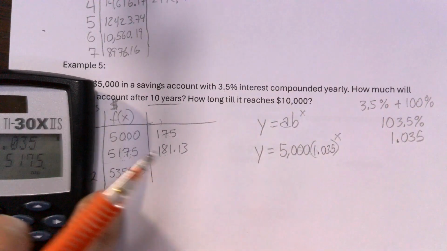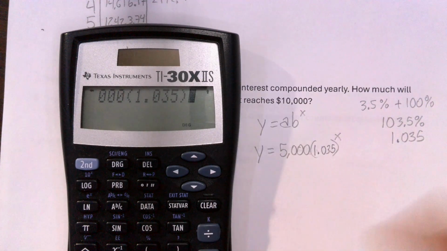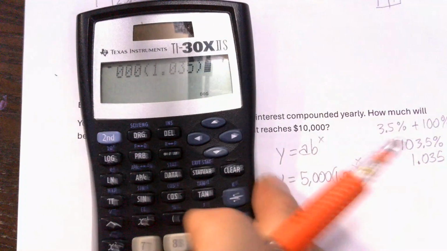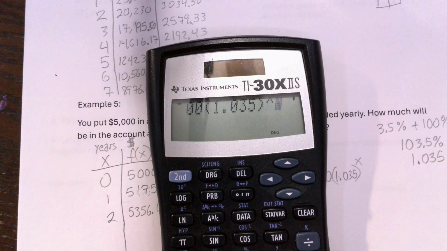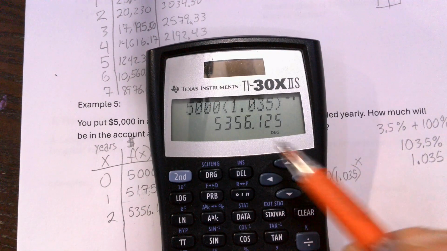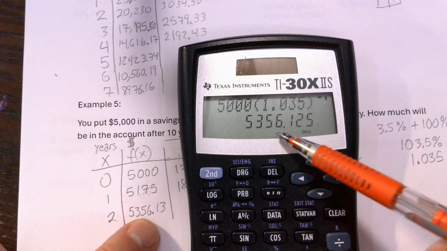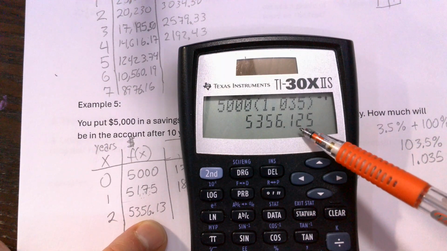Well, let's try it out. Let's go ahead and do 5,000, parenthesis, 1.035. And I'll move this up here just so we have a better view. Caret, and then we're going to put in 2 years. And you can see this matches 5,356.13, right, when you round.